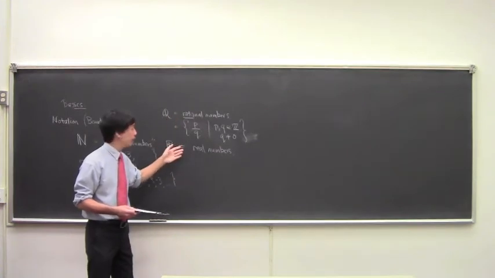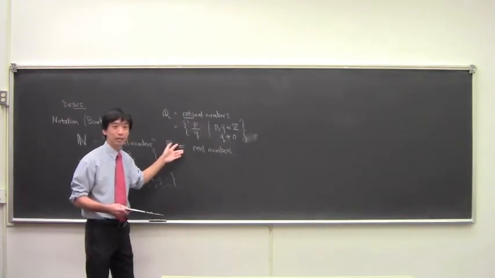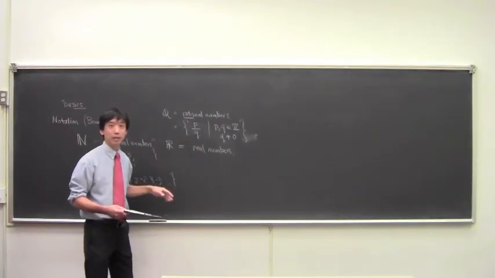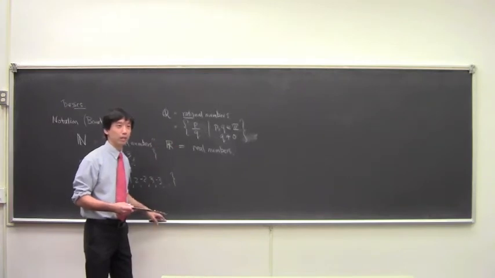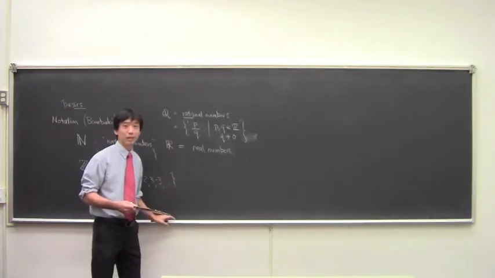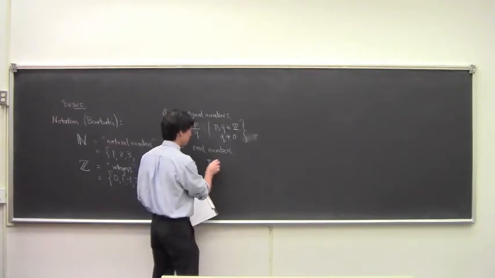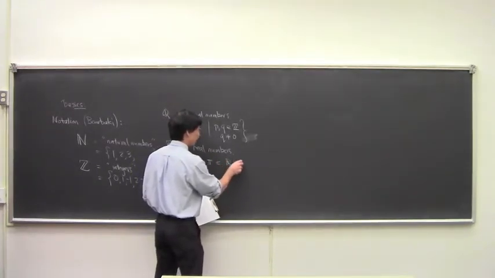But then it turns out, and this is never really explained to you, that there are some other numbers, the irrational numbers, and you throw those in, and then you have the real numbers.